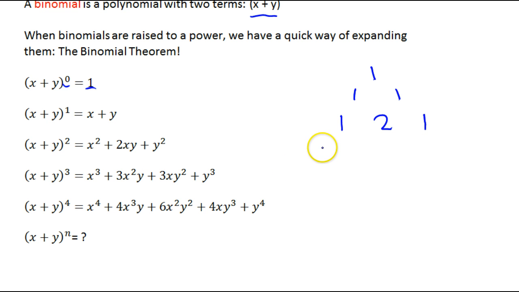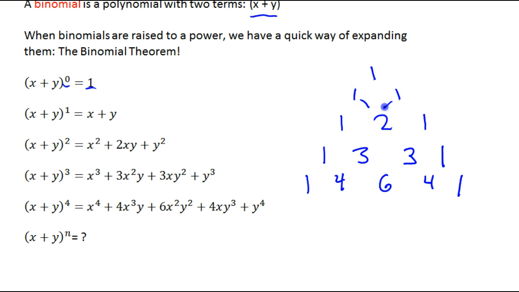For the cubed, 1x cubed, 3x squared y, 3xy squared, 1y cubed. And for the fourth, 1x to the fourth, 4x cubed y, 6x squared y squared, 4xy cubed, 1y to the fourth. Now do you see the pattern here?